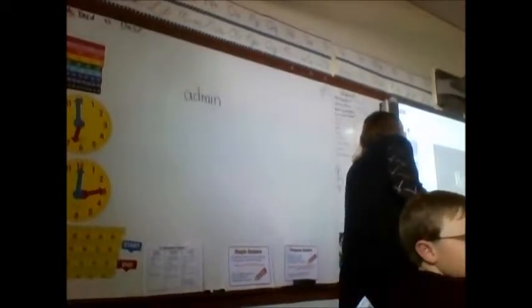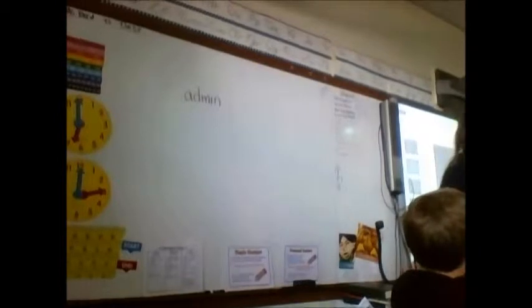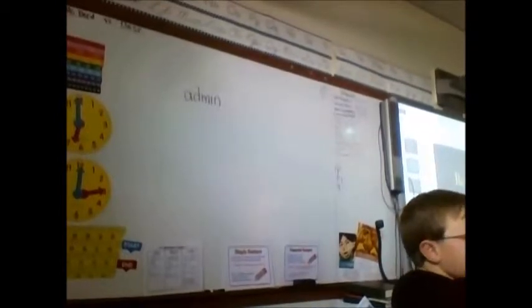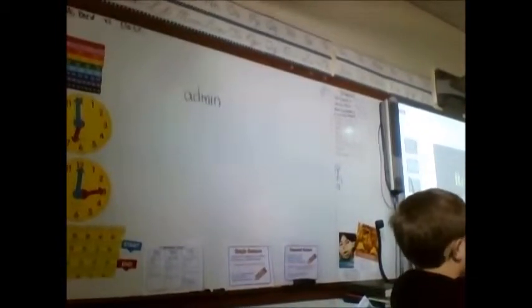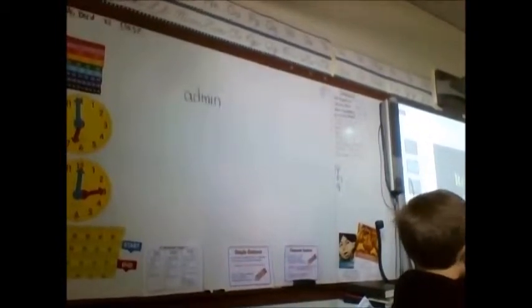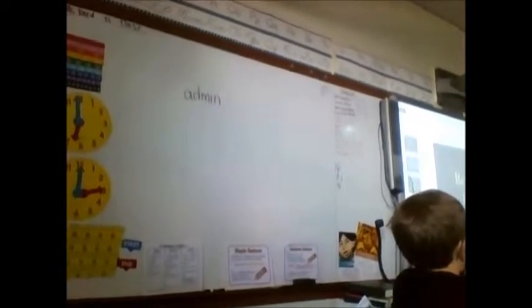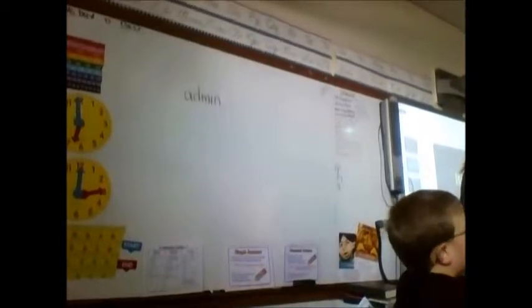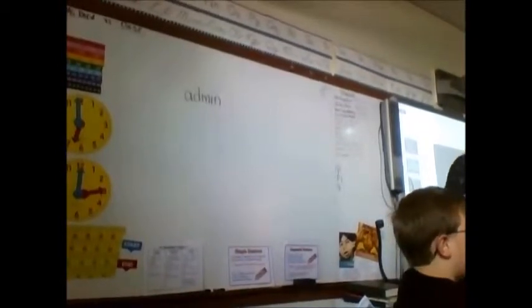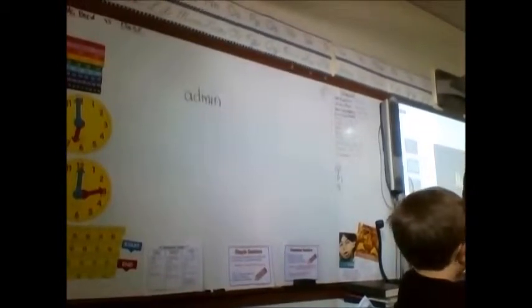Other resource books that you can have is a thesaurus. Does anybody know what a thesaurus is? Okay, there are some kid thesauruses back there, and they're really handy when you're trying to come up with a word that is similar. It's like a dictionary, except it just gives you words that are similar that you could use in its place.